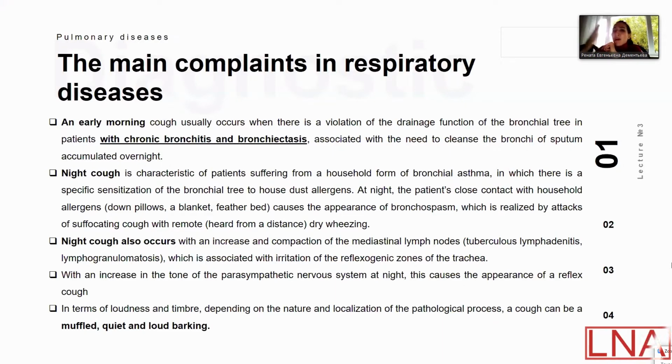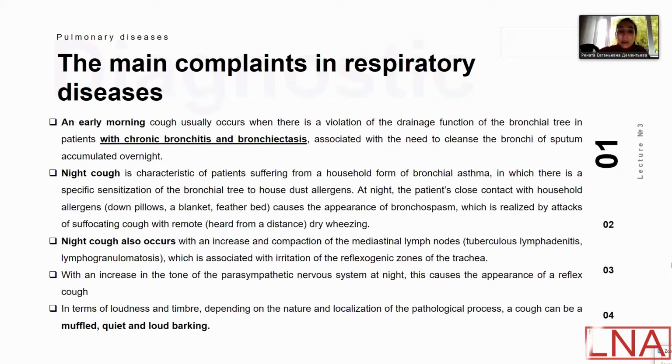This causes bronchospasm, which is released by an attack of suffocation and cough, with wheezing audible from a distance, dry wheezing, significant for patients with bronchial asthma. Night cough is more significant for patients with broncho-obstruction in bronchial asthma, after contact with allergens, through immune inflammation.